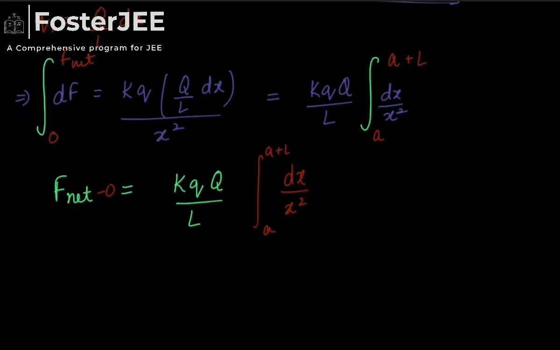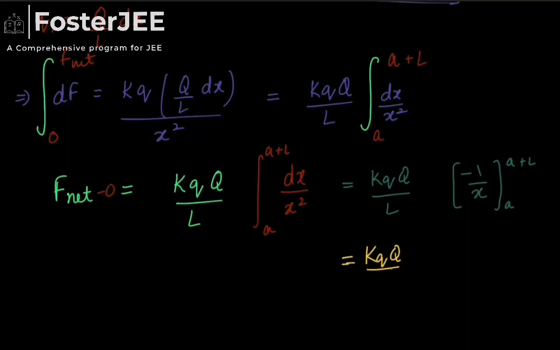Evaluating this limit, we can get k q upon l. The integration of dx upon x square is minus 1 upon x. The limit is a to a plus l. On putting the limits, we will get k q upon l times 1 upon a minus 1 upon a plus l.